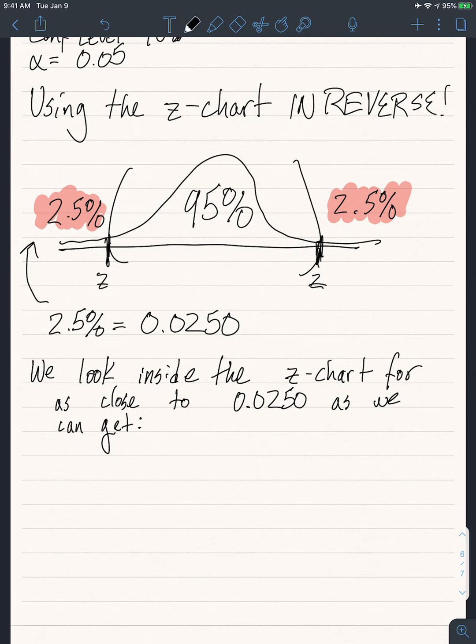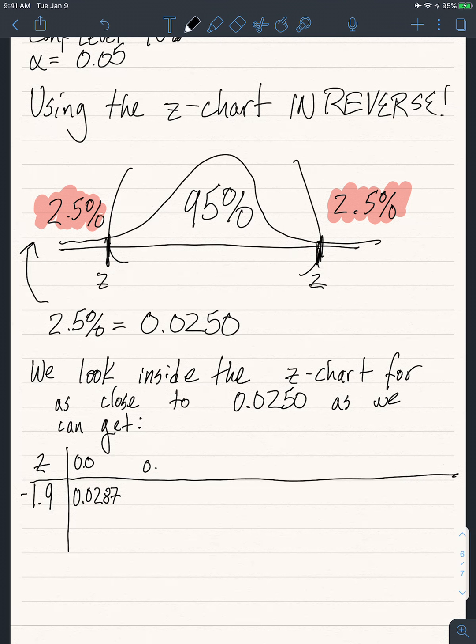So on the z-chart, you have negative 1.9 on the edge, and I'm going to start listing them out as best as I can here. Under the 0.0 for negative 1.9, it starts out 0.0287.